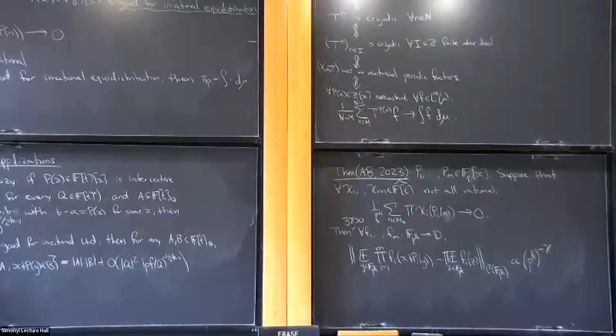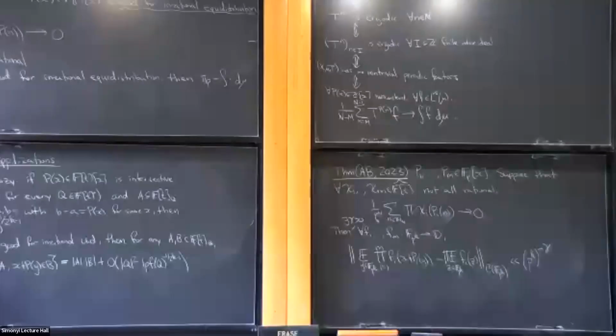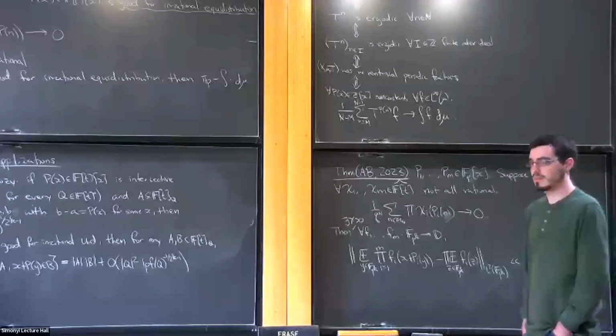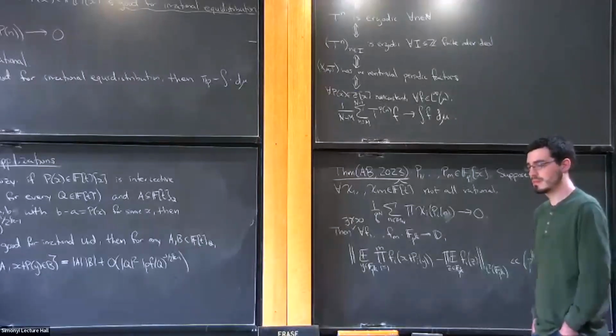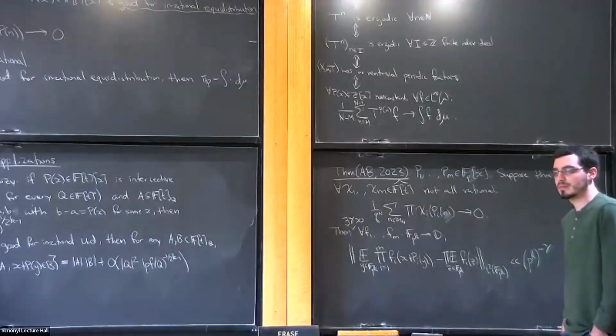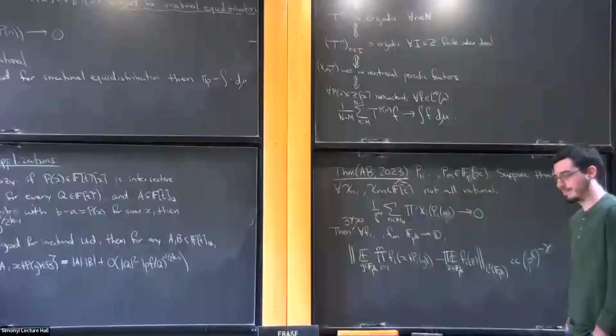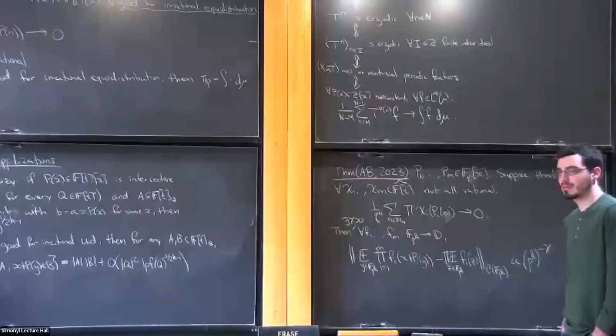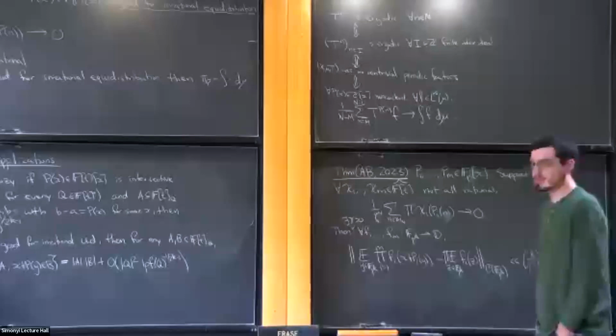Then if you try with the circle method more linear equations, you run into trouble. You need more variables, and this is where the ergodic methods of Furstenberg et al. are so powerful for linear patterns, because you don't have to suffer from the curse of the number of variables having to grow. But the circle method will always handle anything: as long as you have enough variables, you can do non-linear equations.